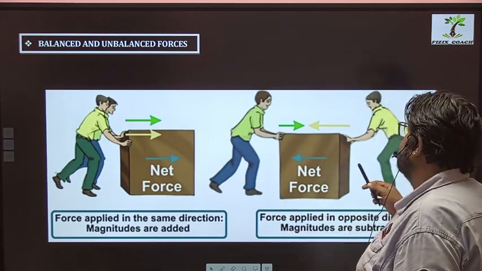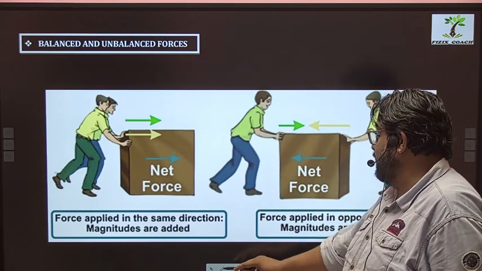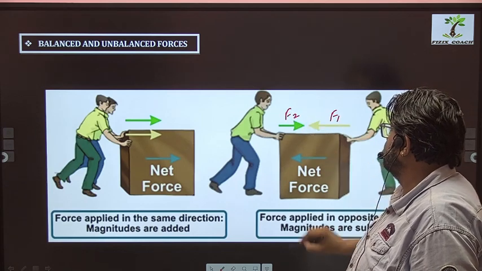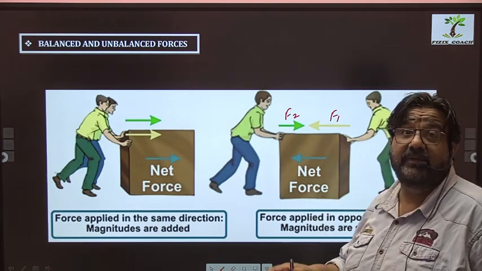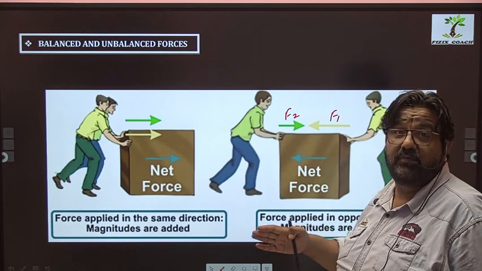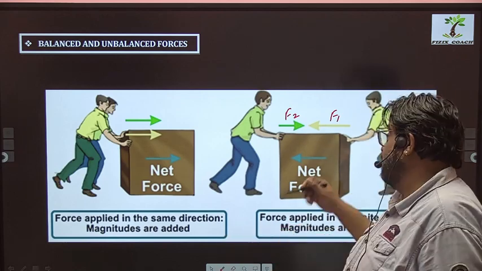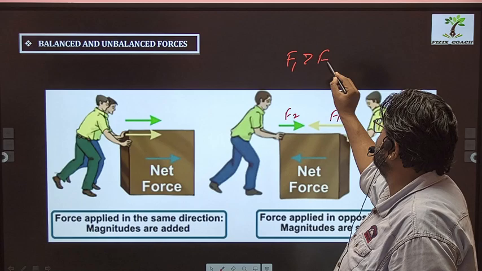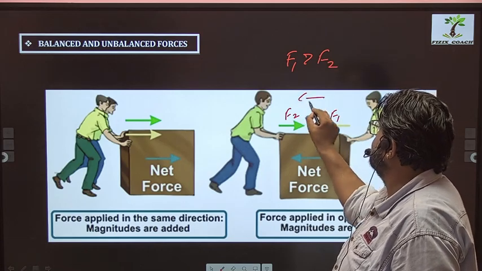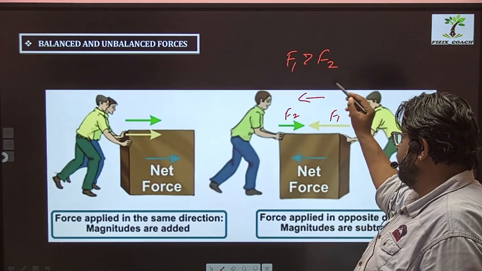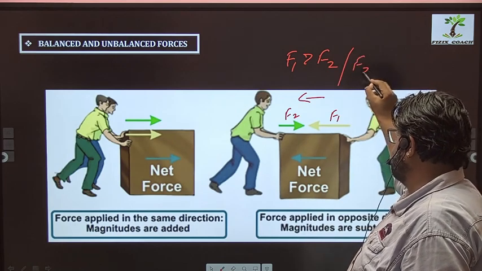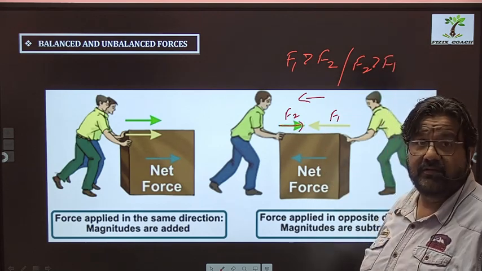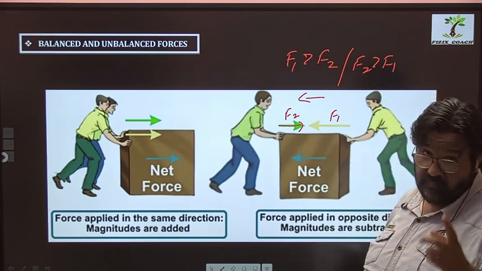If this is force 1 and this is force 2, whichever force is greater, the object will start moving in that direction. If F1 is greater than F2, then the object will move in this direction, and if F2 is greater than F1, then the object will move in this direction. These are the two conditions, and one more condition is there.